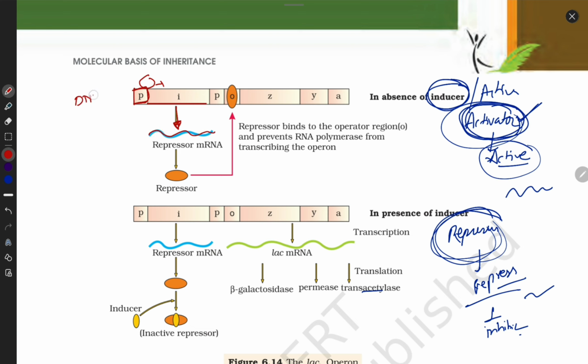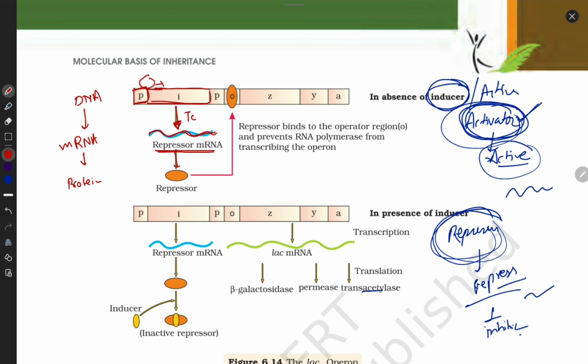DNA forms RNA, what kind of RNA? mRNA. This segment of DNA is transcribed to make mRNA, the repressor mRNA, because in future this mRNA will make the repressor protein.